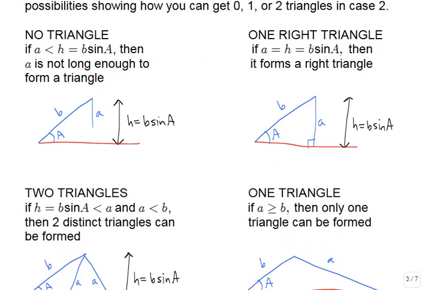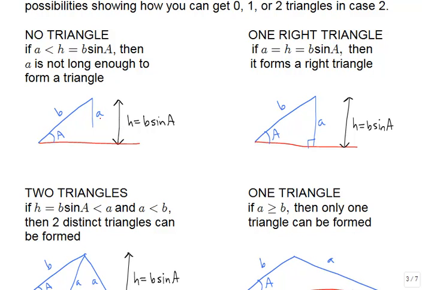So if you have side-side-angle, given side a and side b, and angle capital A, here would be a picture of a possible case where you might have no triangle at all. This height here, h, is the perpendicular height that you would need to ensure that you have a right triangle.